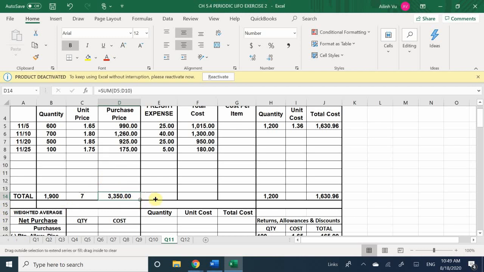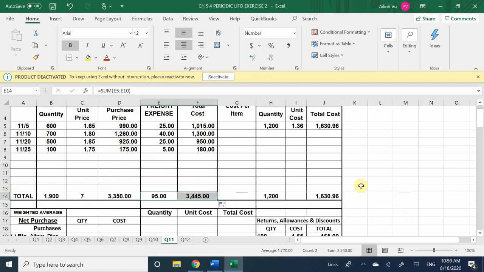What is my total freight? $95. And that gives us a grand total of $3,445 for the total cost. Yes, $3,445 is our total cost.